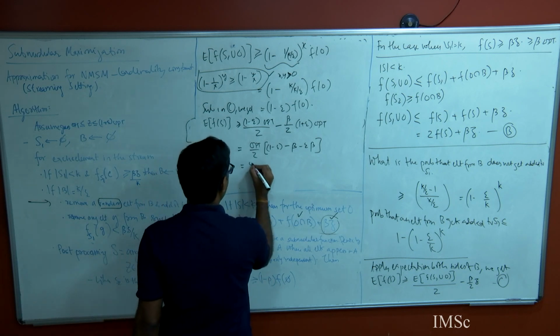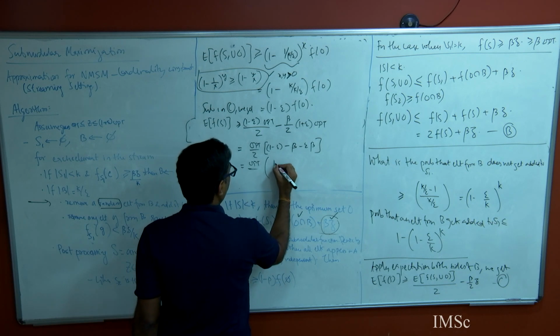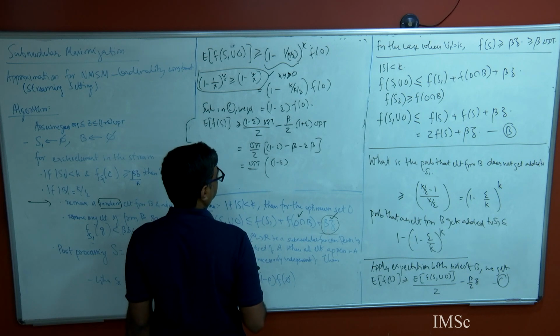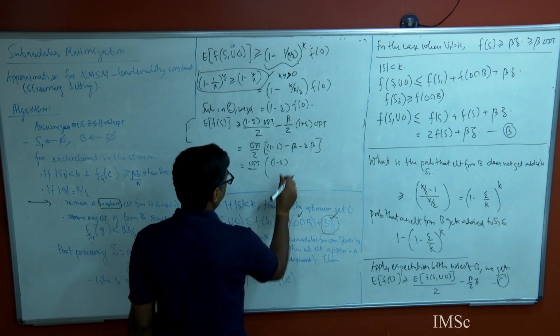So we get this to be opt, equal to, okay, so actually I can take 1 minus epsilon common. Can we take 1 minus epsilon common? No, we cannot.